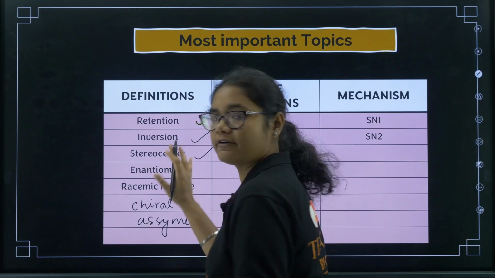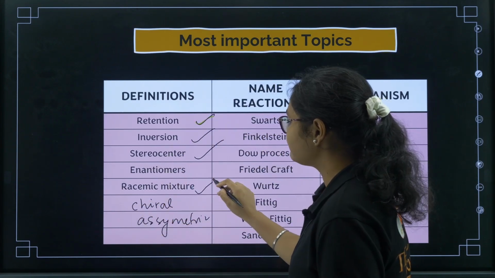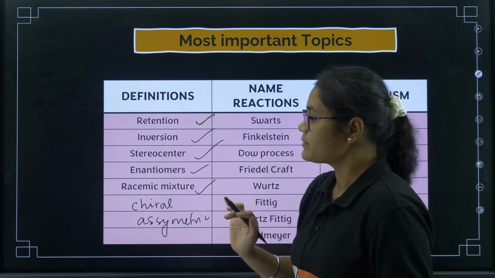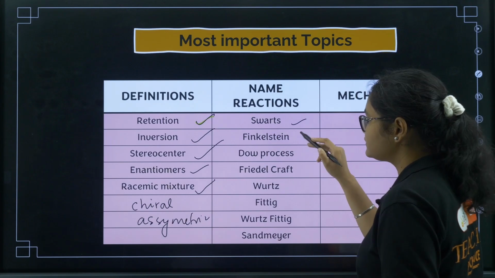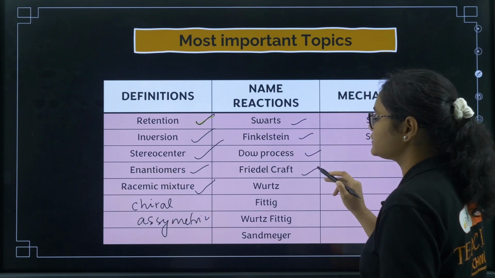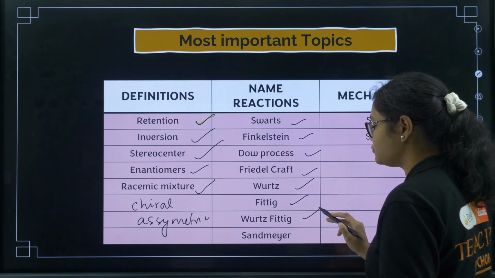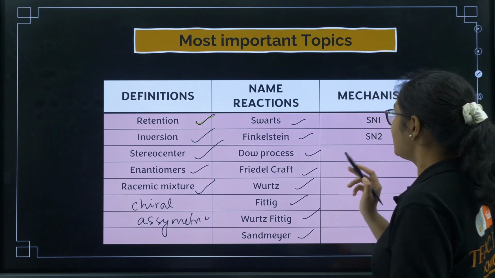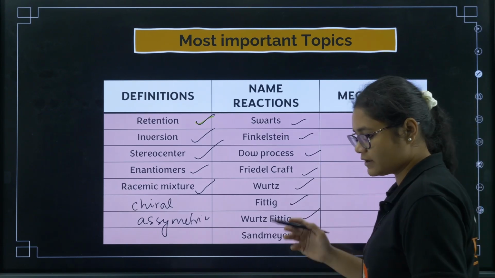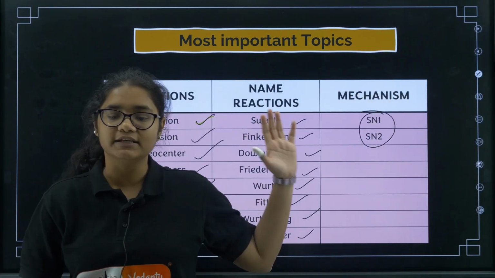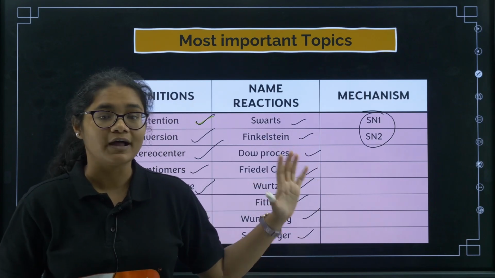These definitions are all the same. Then you can define racemic mixtures, enantiomers. Next, coming to name reactions: Swarts reaction, Finkelstein reaction, Dow's process, Friedel-Crafts, Wurtz reaction, Fittig reaction, Wurtz-Fittig and Sandmeyer reaction. Next, coming to mechanisms, SN1 and SN2 mechanisms. Okay, so these are the important topics that you have to do.